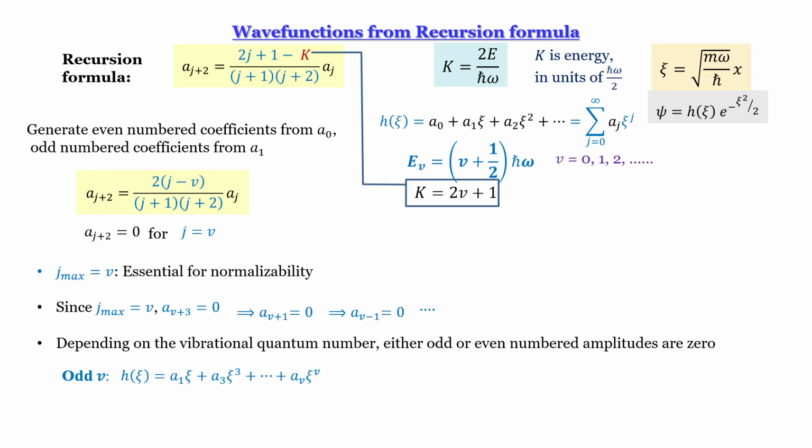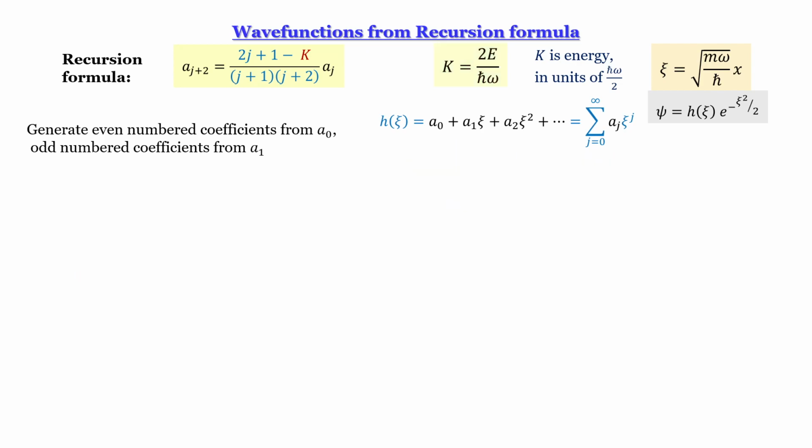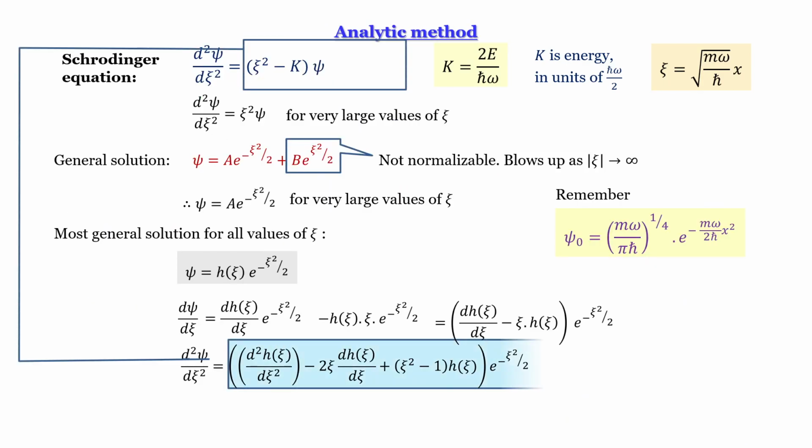This can't be an infinite series, because if you see the general solution, we took the coefficient b as 0, or else this psi would have blown up and would not have been normalizable.